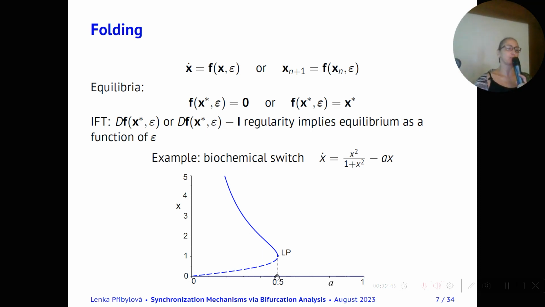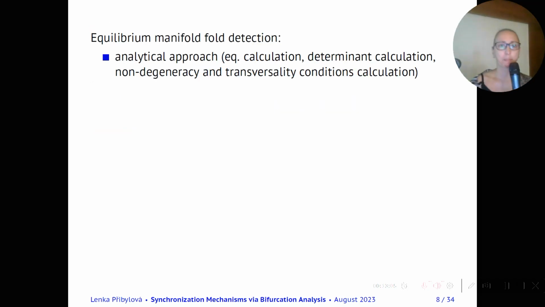And when you cross the threshold value 1/2, you simply cross the threshold and the production stops immediately, abruptly. So that's why the folds of the equilibrium manifolds are very important for applications, because you jump from one stable branch to another one, and you can explain what is happening. Okay, so I showed you an analytical approach.